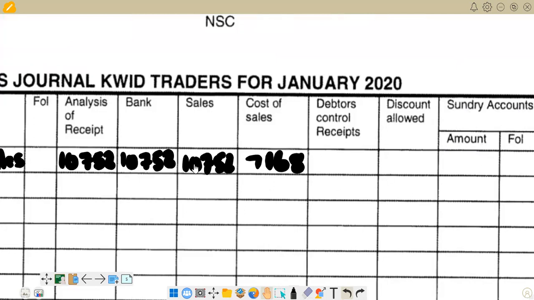If you have another account that is not going to affect sales, cost of sales, debtors' control, or discount allowed, it means we are supposed to put it under sundry. So sundry becomes an umbrella term. We are going to put many items that are not going to be affecting these other columns. So this is what we have.